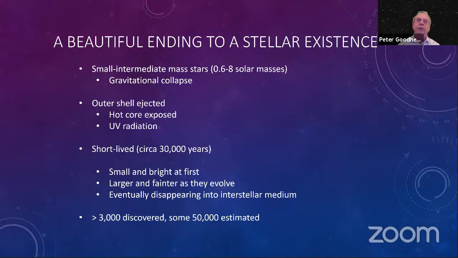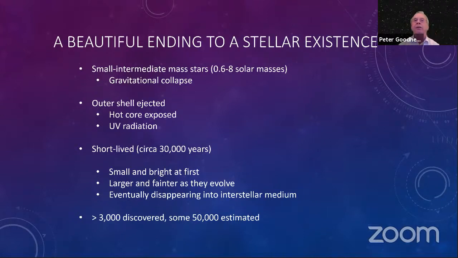They tend to be fairly short-lived astronomically, about 30,000 years, and they start off extremely small as the shell leaves the star, and extremely bright because they're quite compact, and also the radiation is very intense.